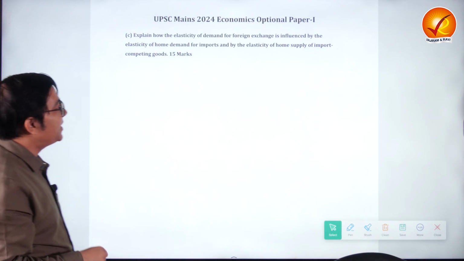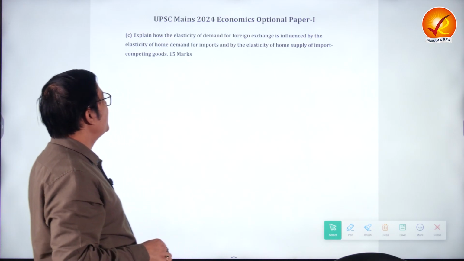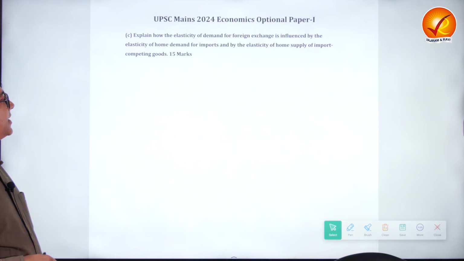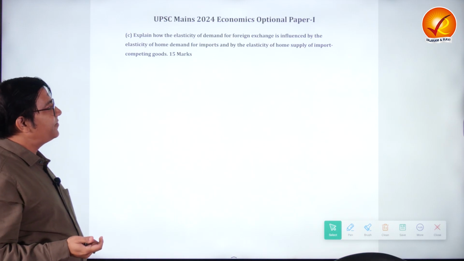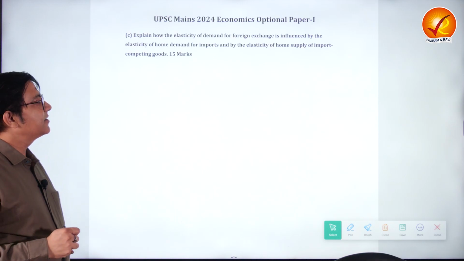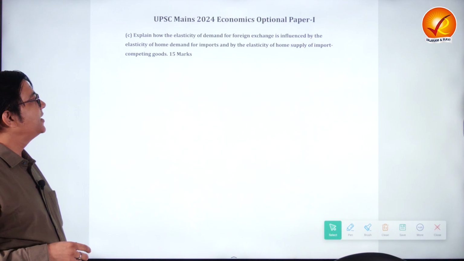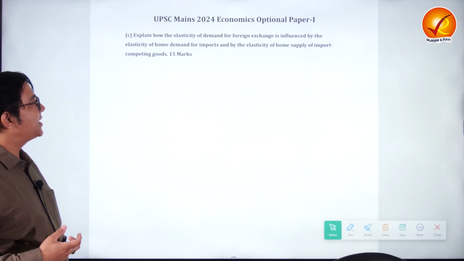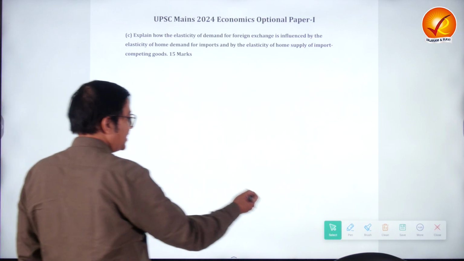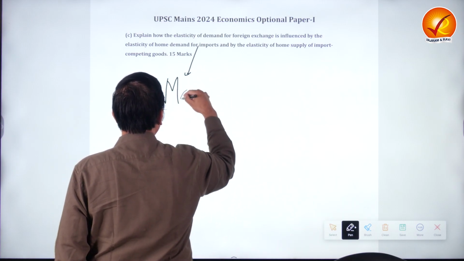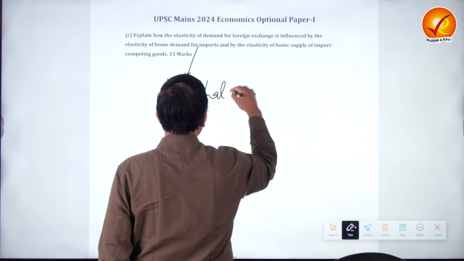Basically, when they talk about home supply of import competing goods, they are thinking somewhere in the context of exports, something we are competing with the import, the home supply of the import competing good and that of the import itself. Here you can apply the Marshall-Lerner condition again.